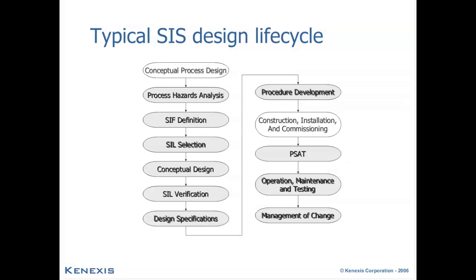We then develop design specifications, which would be equivalent to the safety requirements specifications required by the standard, and go through the various other tasks that would be typical of any instrumentation and automation project, but have specific requirements because we're involved in a safety system.